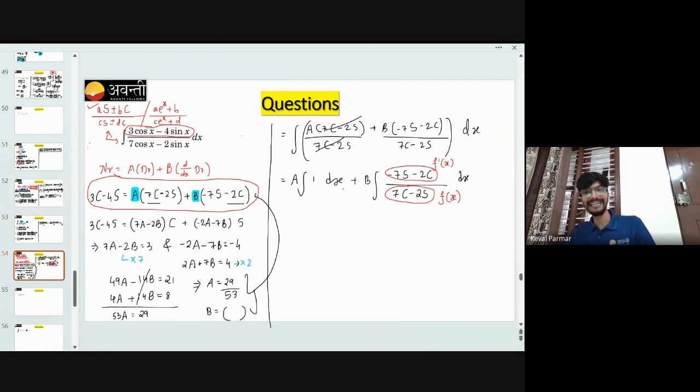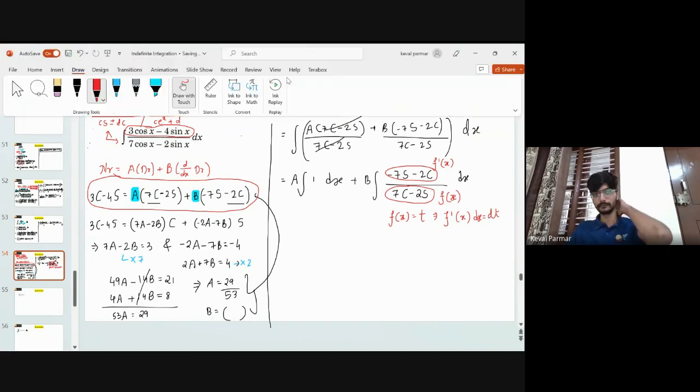So denominator is f of x, so the numerator is f dash of x. Correct? So if I put f of x equals t, that means f dash of x dx will be equal to dt.